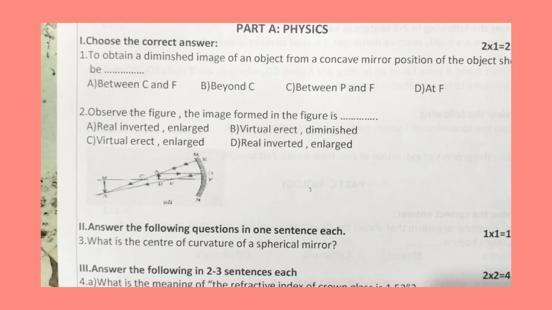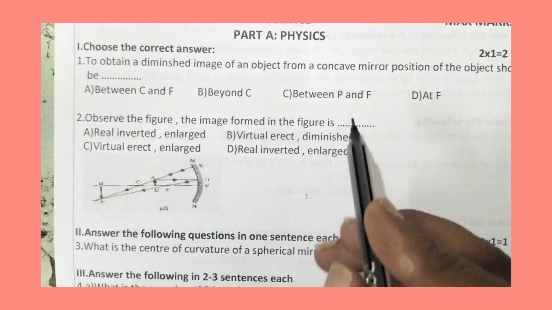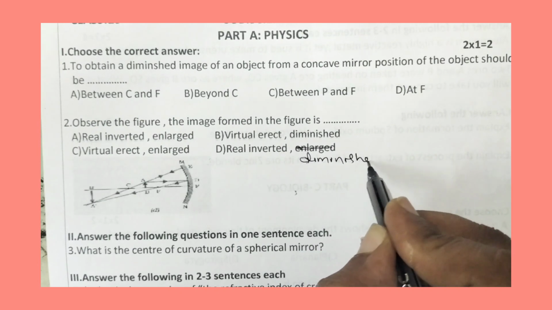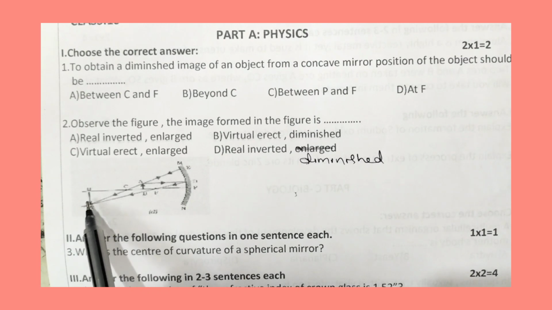Among these four, option A and option D are the same, so I will change one option here: real inverted diminished. Among these four options, the image here is real, because a real image is always inverted.